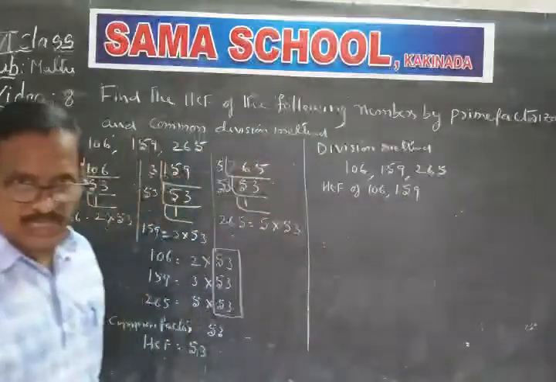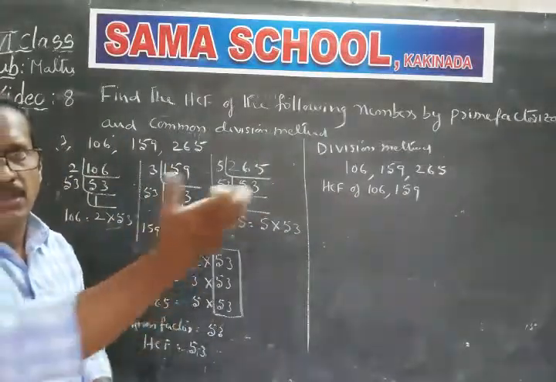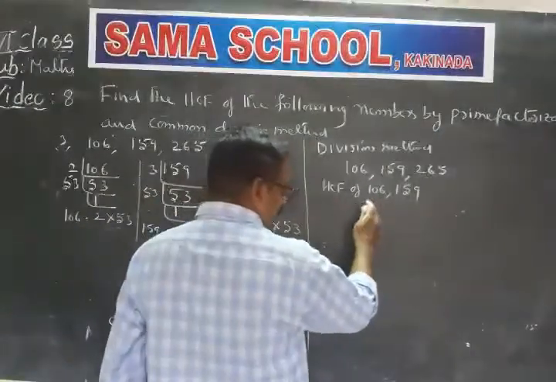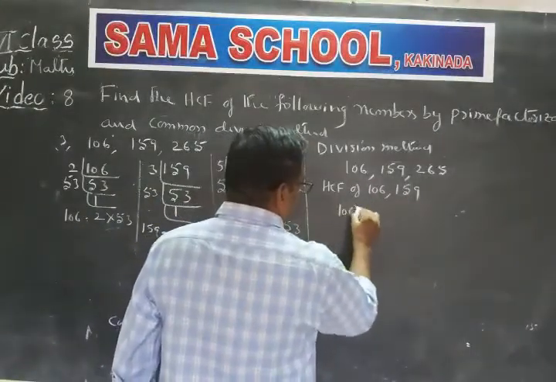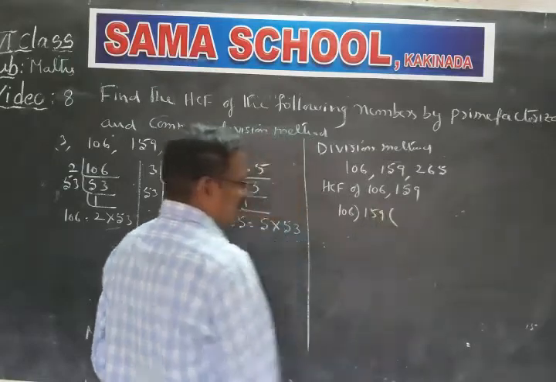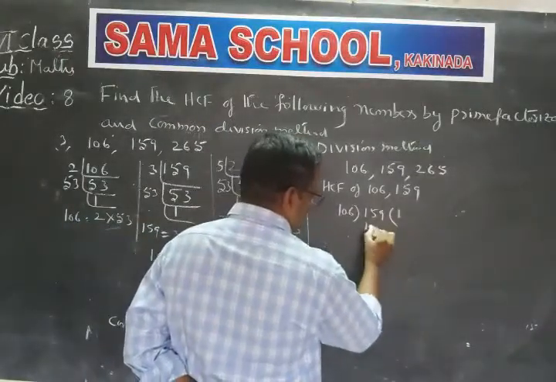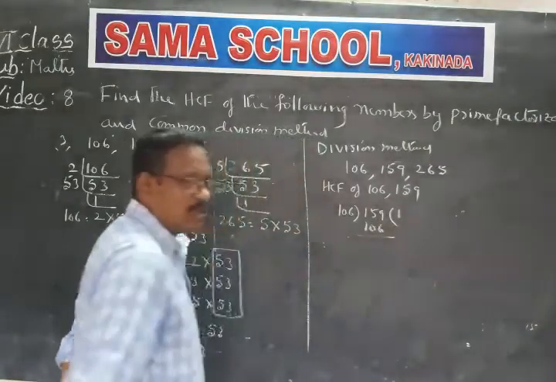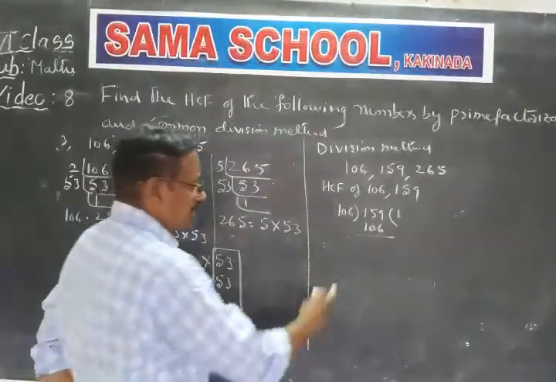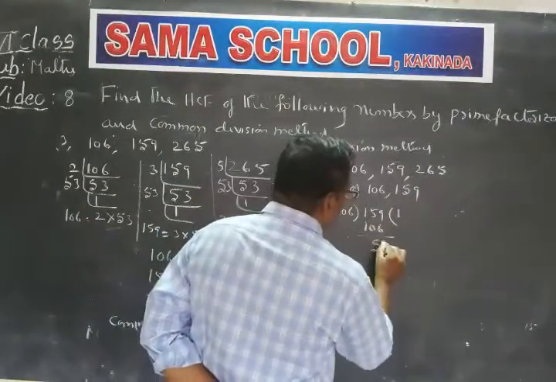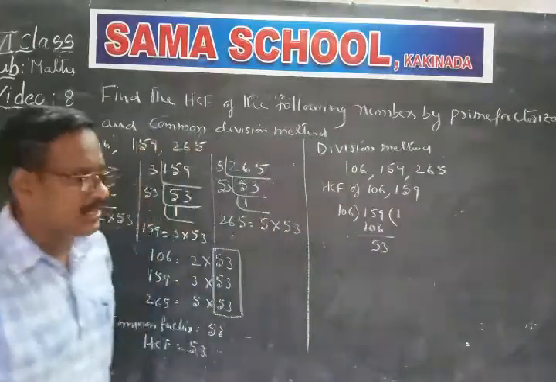Divide the big number by the small number: 159 divided by 106, 106 ones are 106. The remainder is 53.